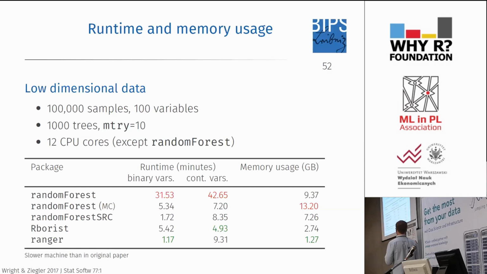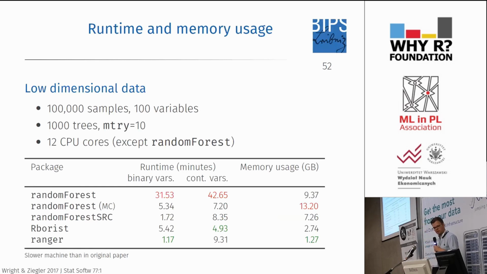You see that the randomForest package is always a bad choice. It's very slow for binary variables, it's also slow for continuous, and it uses quite some memory. You can speed it up with multi-core or whatever other approach, and then combine the smaller subforests later, but still, it's slower than others.